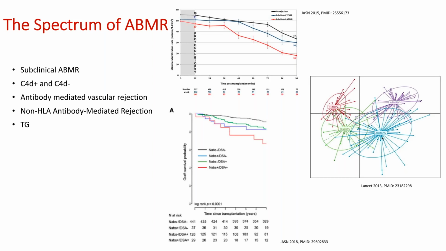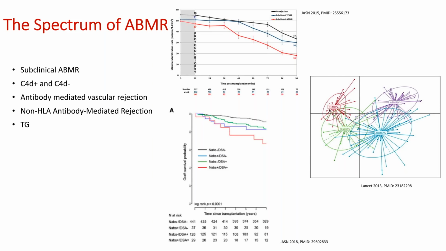So how do we tease out all this? In simple terms, we can remember it like this. Cell-mediated rejection is a tubulointerstitial problem. You have interstitial inflammation, and those infiltrating cells, mainly lymphocytes, are injuring the tubules. This tubulointerstitial rejection is predominantly a cell-mediated problem.